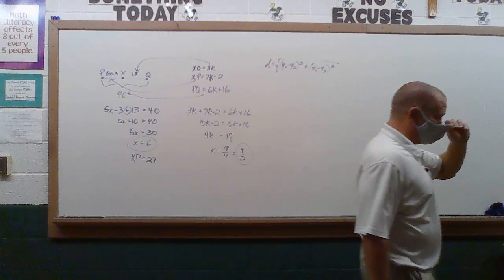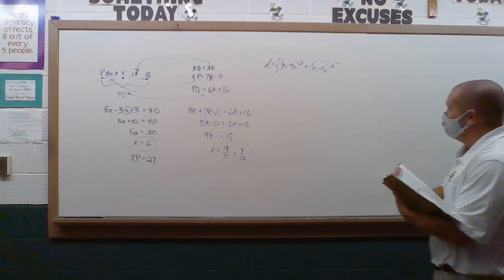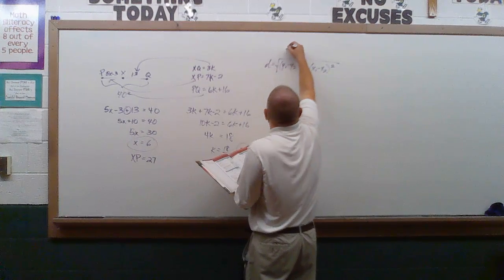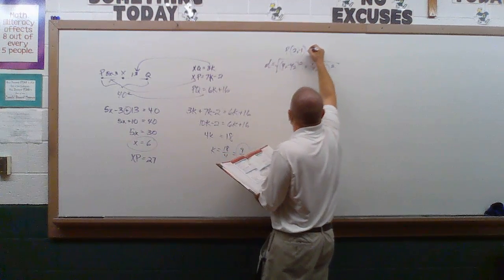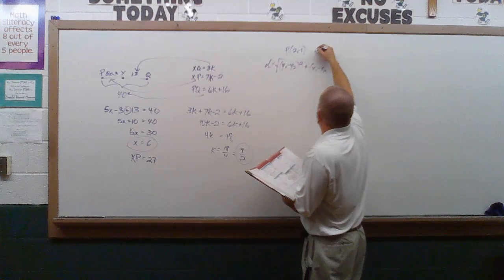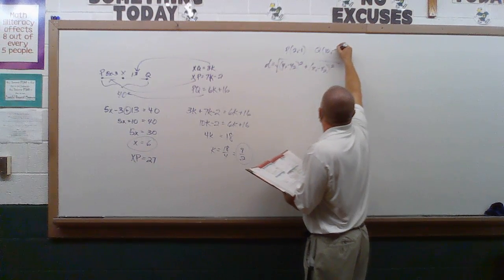Okay? Do we need to go over an actual problem? Yes? Number 17. P is (2, negative 1) and Q is (10, negative 7).